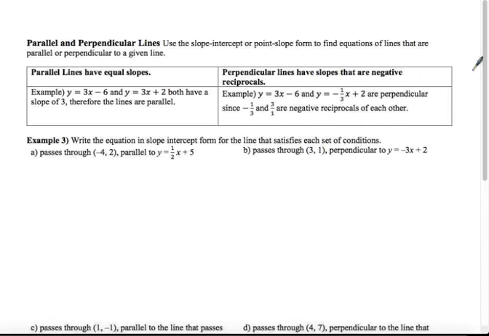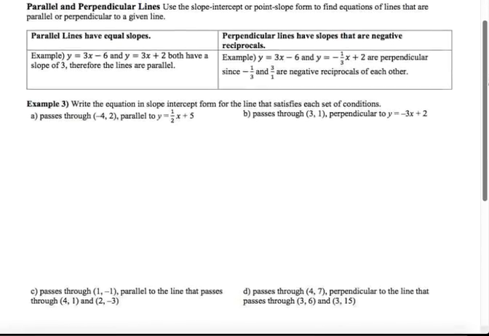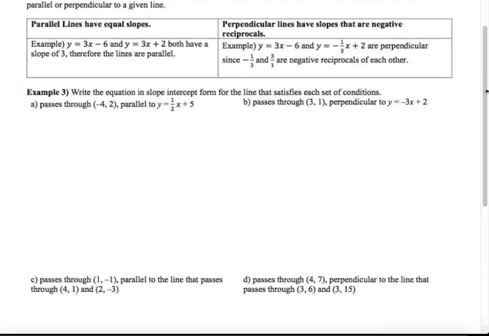So on to the second page. So parallel and perpendicular lines. Parallel lines have equal slopes. So 3x minus 6 and 3x plus 2 both have a slope of 3, therefore the lines are parallel.